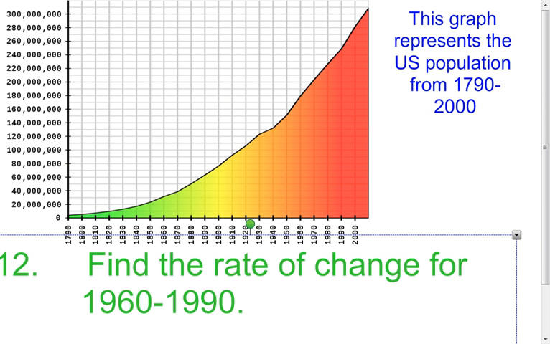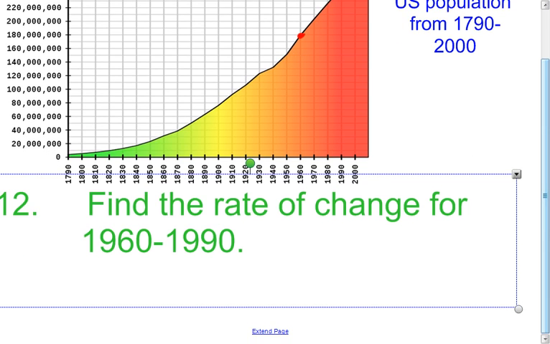All right, very similar is this one. So now I'm looking from 1960 to 1990. So 1960, if I look across, is 180 million people. So I have one coordinate, and I'm going to go down here this time so I have some more space.